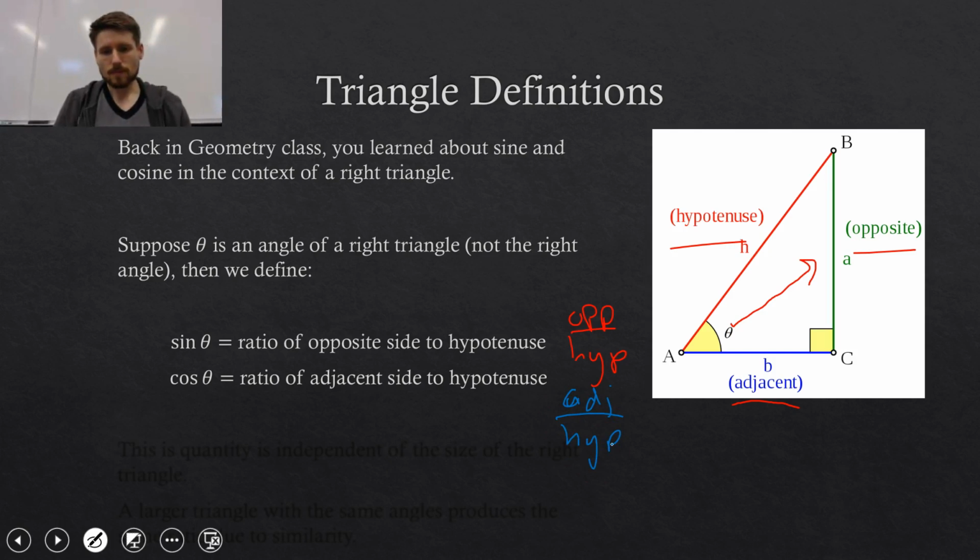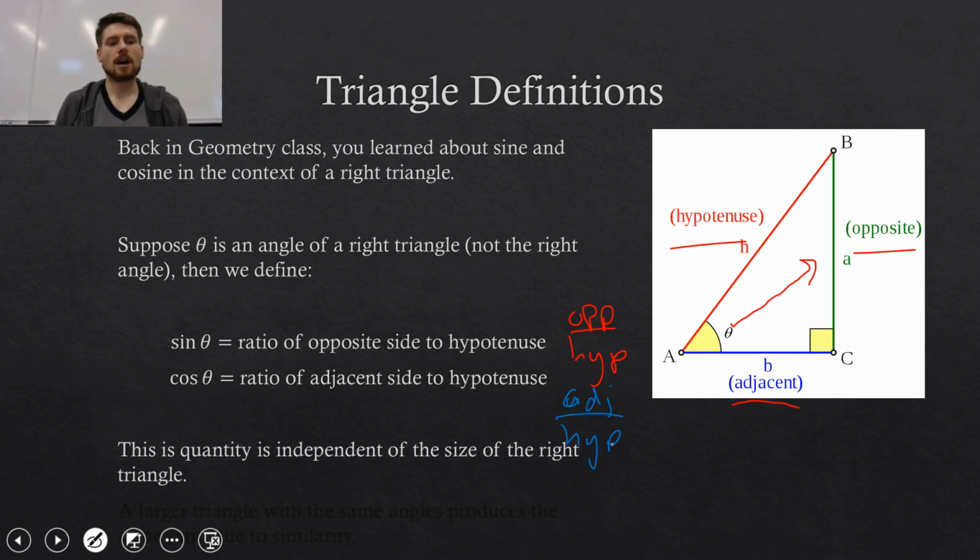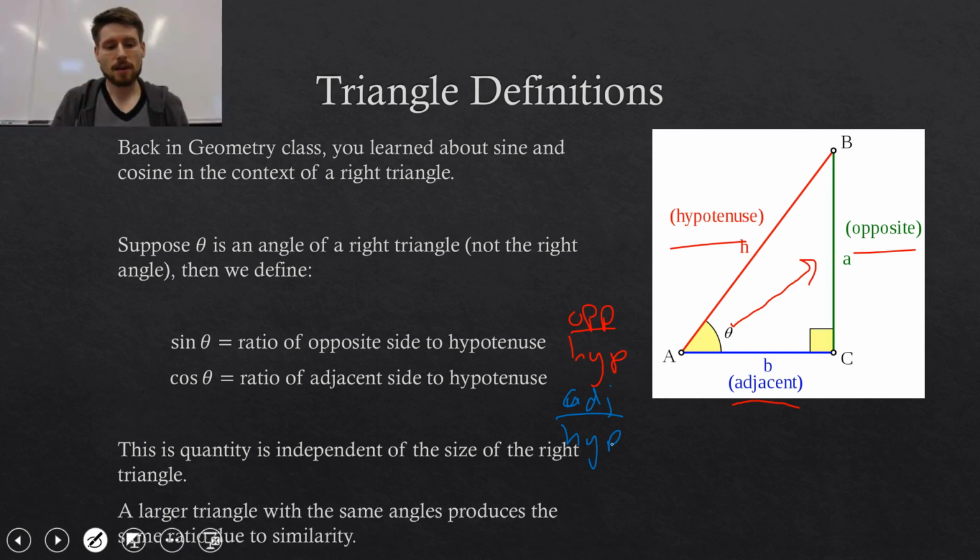What's important about these ratios is that they remain the same no matter how big you scale the triangle. It's really just dependent on that angle. If you make your triangle twice as big, you have the same ratio. And if you shrink it down to half the size, the ratio will still stay the same.